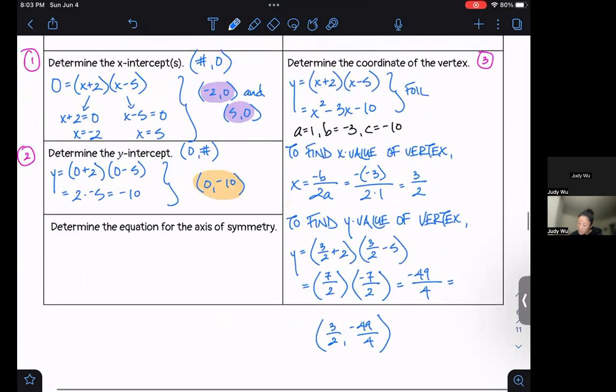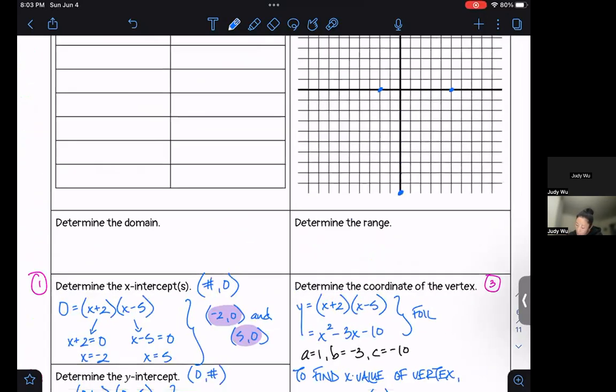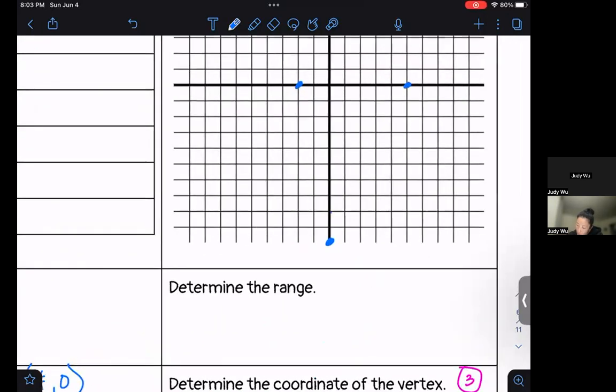So that means that at 1.5, which is about here, we're going to have a y value of negative 12.25, which is going to be just down here somewhere.